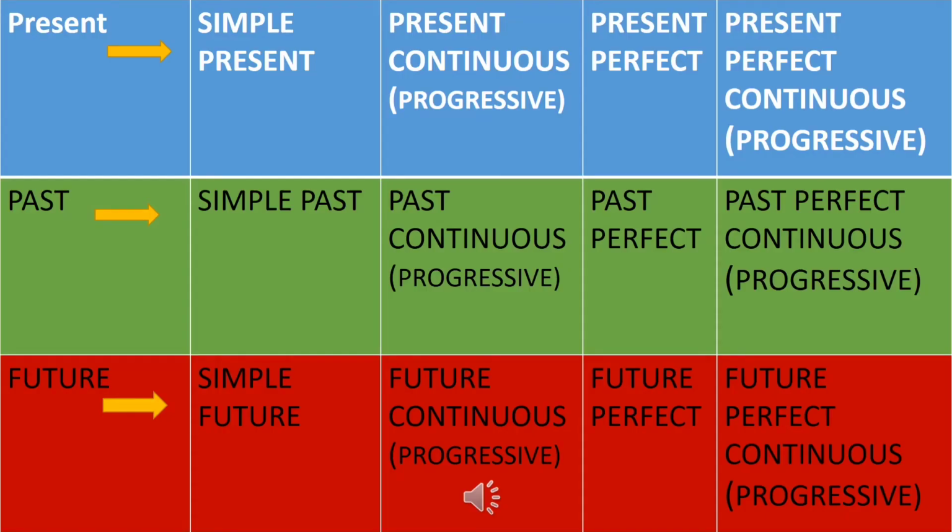As I told you, the three broad categories of tenses, present, past and future, have been subdivided into four categories: simple present, present continuous, present perfect, and present perfect continuous; in past, simple past, past continuous, past perfect, and past perfect continuous; same way in future, simple future, future continuous, future perfect, and future perfect continuous or progressive tense.